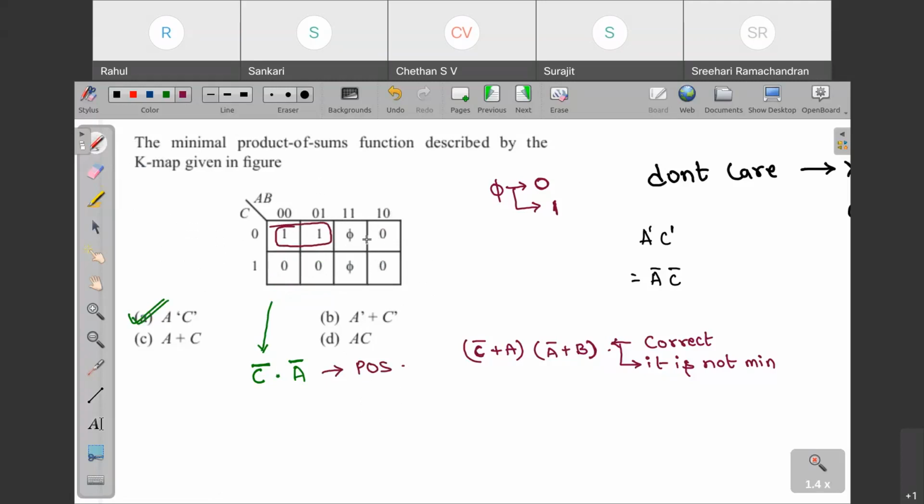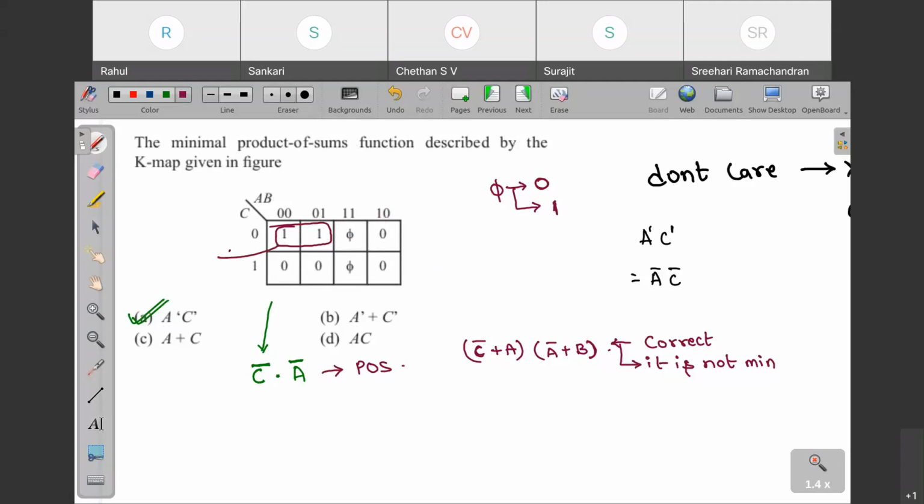Now you will not be doing this. I told you either you can consider don't care as 0 or 1, but nobody is going to write this don't care as 1 over here and make one more group like this. This is wrong. You don't individually group don't care. Don't care is only used for increasing the group size. So here only this is possible.